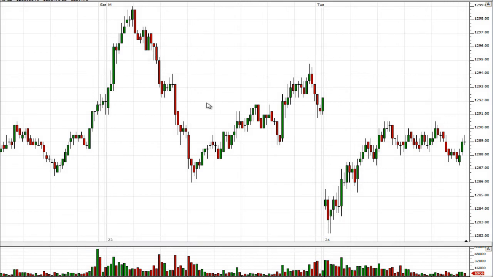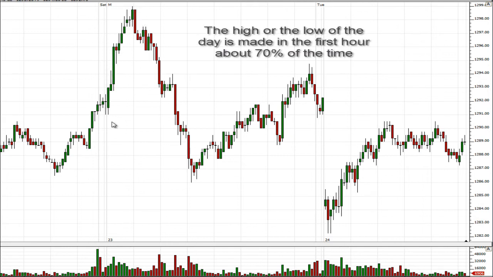It just happens to be a characteristic of market behavior, most likely because the bigger institutions do their trade within that first hour of the different market opens. The statistic you should take note of is that the high or the low of the day is made within the first hour around 70% of the time.